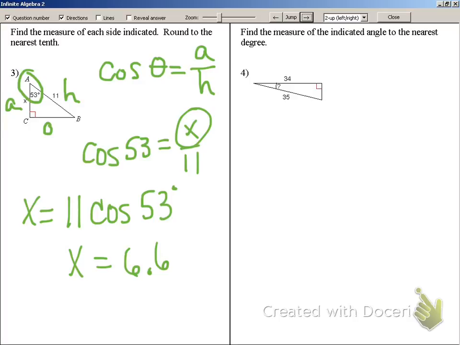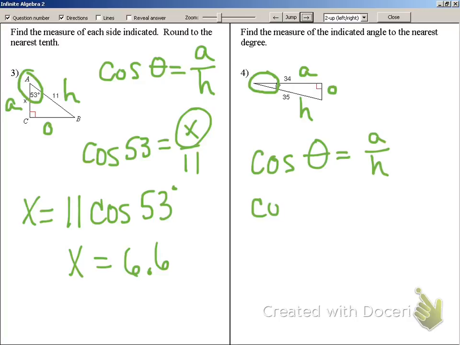Number 4, find the measure of the indicated angle to the nearest degree. So we are looking at this angle right here. In relationship to my angles, here's the opposite, here's adjacent, here's hypotenuse. Once again, cosine of theta equals adjacent over hypotenuse.